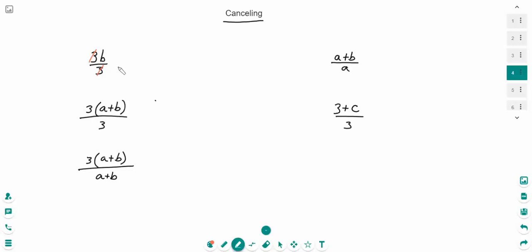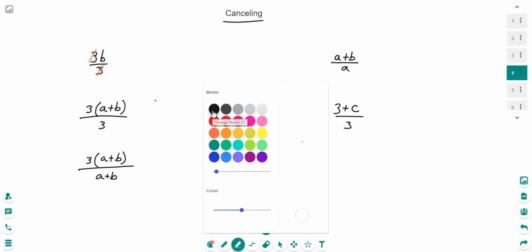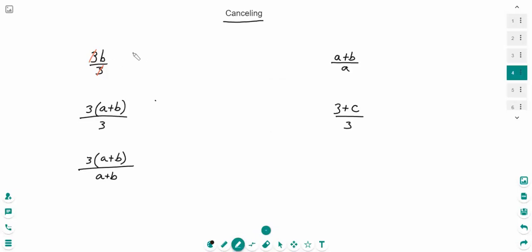Now, why is this? The long answer is that if we take 3b over 3, we could rewrite that as 3 over 3 times b. Hopefully you can see that. All I did was split this numerator up. The 3b, I split that up into a 3 over 3 times the b, right?